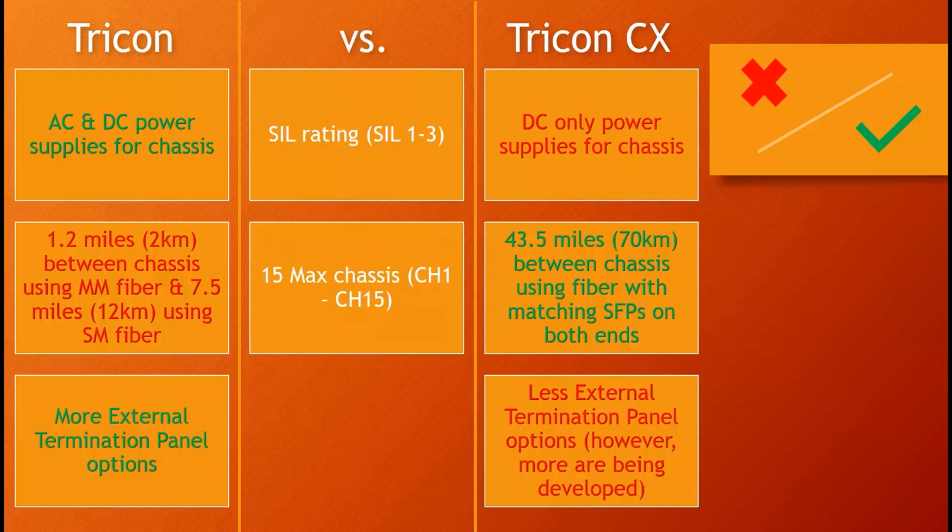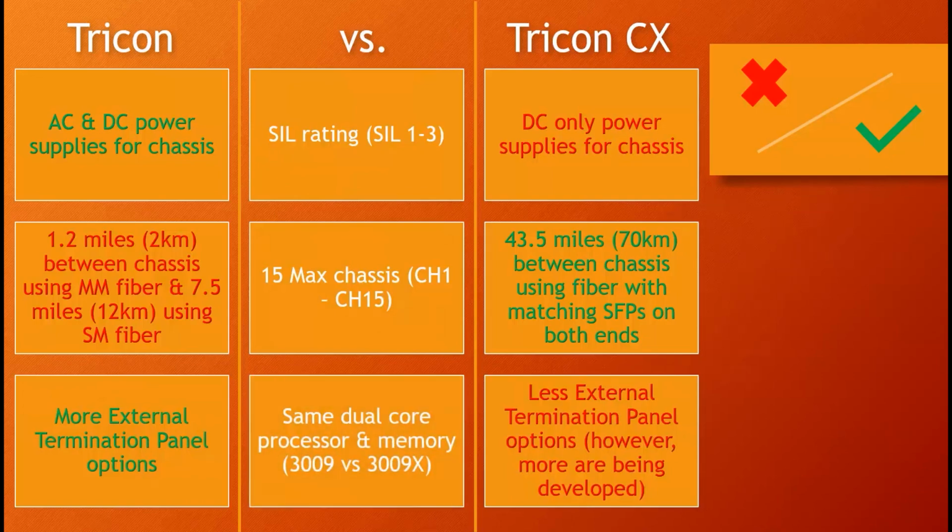Now note, with the Tricon, chassis 1 would be the main chassis, whereas with the Tricon CX, chassis 1 would be the first expansion chassis. So if you're talking physical boxes, there's 16 on Tricon CX, 15 on Tricon. But if you just think about it as chassis 1 through 15, it'll make it a lot easier to remember. They also both have the same dual core processor and memory.